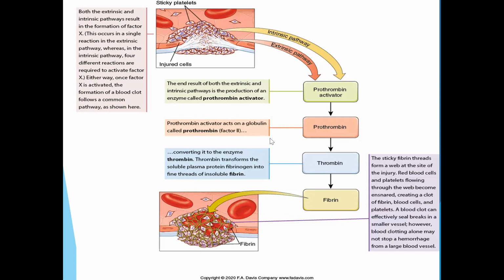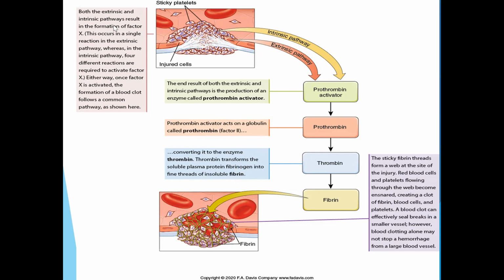That's another protein. That prothrombin is then going to be converted into thrombin by prothrombin activator. This thrombin is then going to transform a plasma protein known as fibrinogen into fine threads known as fibrin.